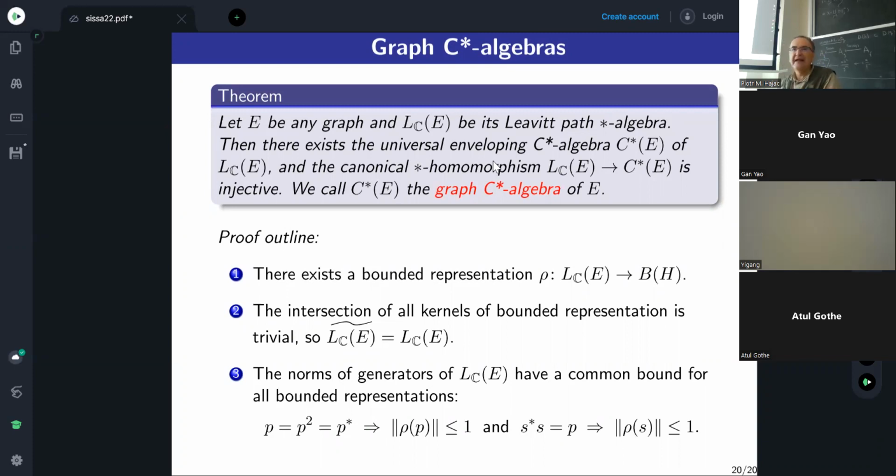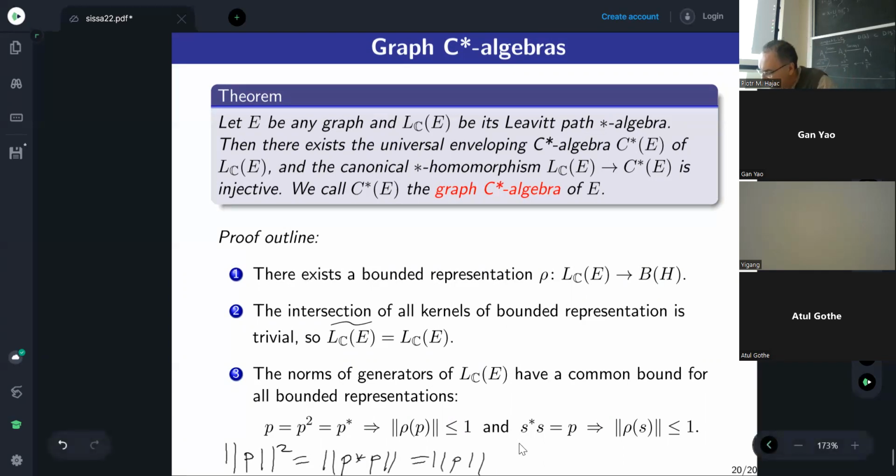So if you take any bounded star representation, when I have a projection, I know that the norm of P squared is equal to the norm of P star P, which is equal to the norm of P. The only real numbers satisfying a squared equals a are 0 or 1, so the norm can be 0 or 1; it's bounded by 1.